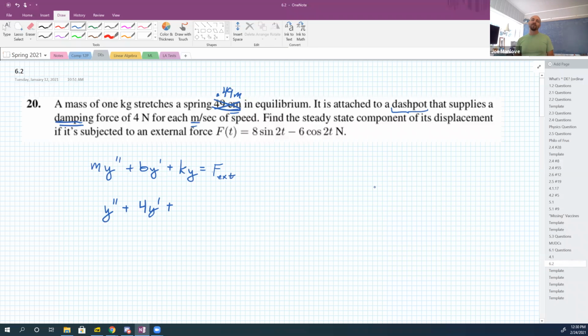And then in equilibrium, that means 0 is the spring force plus the gravity force, and they are going to point in opposite directions, gravity being 9.8.